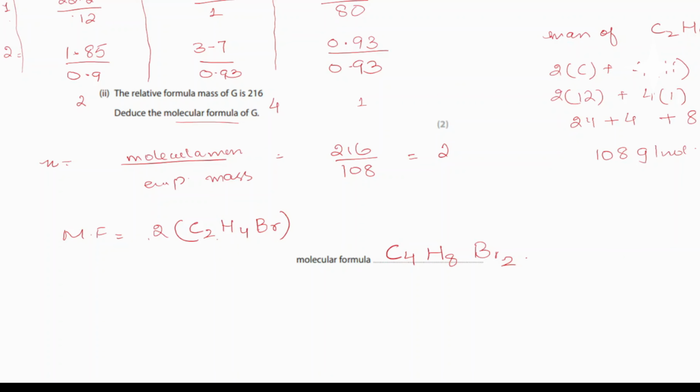Let me check if there is any other question that we can do. Now, I won't be helping you in solving this question. I want you to solve this one question.